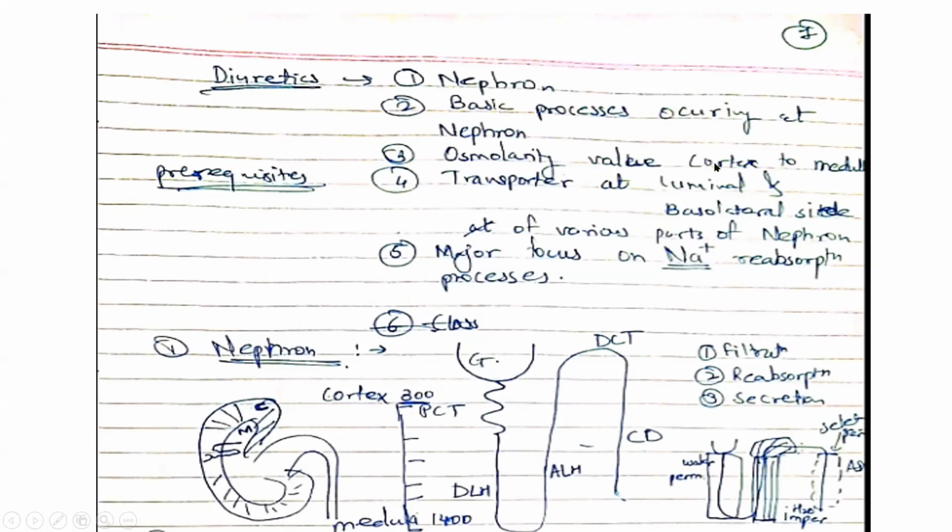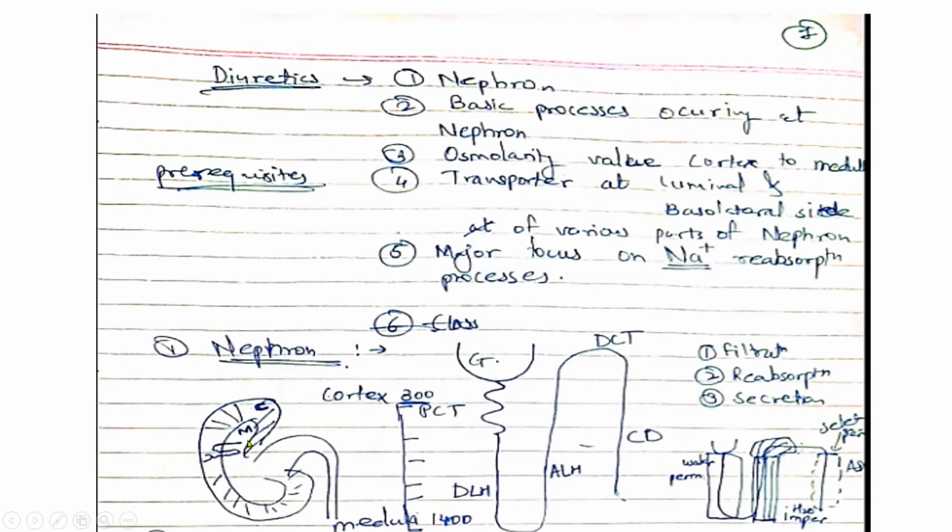Next, the osmolality value from cortex to medulla. Now what is osmolarity? Osmolarity depends upon the amount of solute present in a fluid. All of you know how the nephron is located like this. This is the glomerulus, this is a hairpin bend, and this is the collecting duct. This is the cortex of the kidney, and this is the medulla.